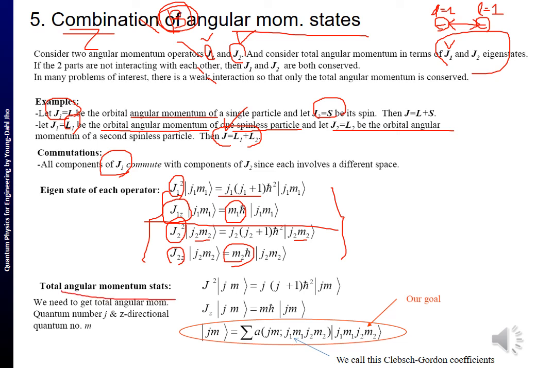Total angular momentum state: let's say it is coupled somehow, then we use this kind of representation, J1 coupled with J2. Then we need to have J now. Then the same rule is applicable.